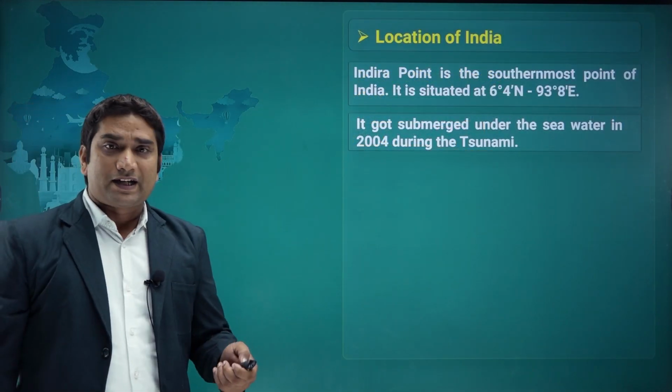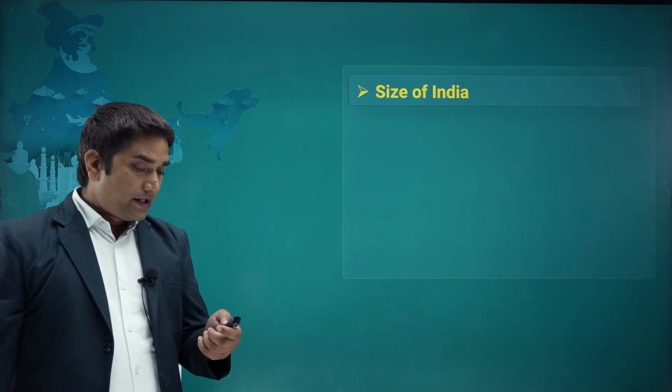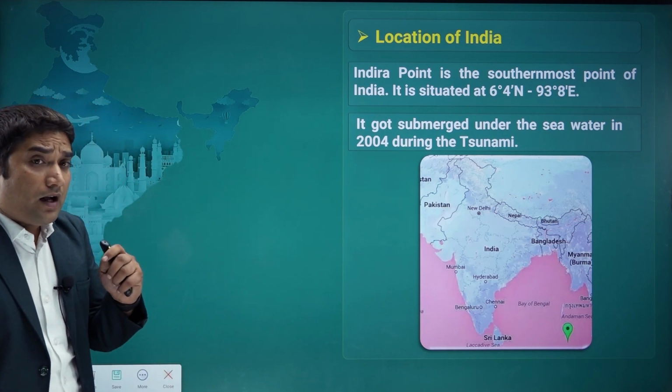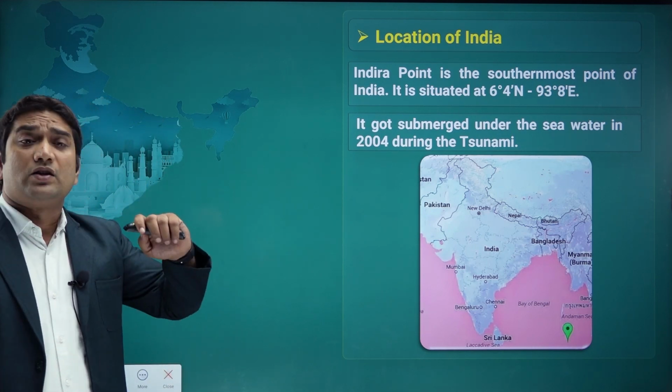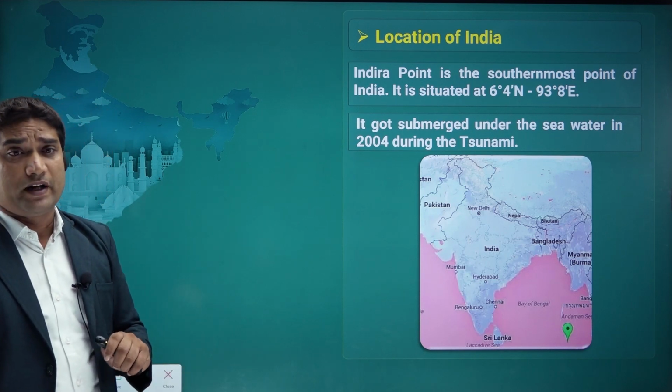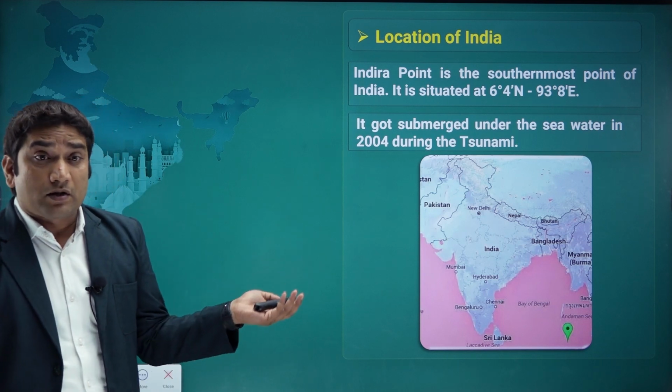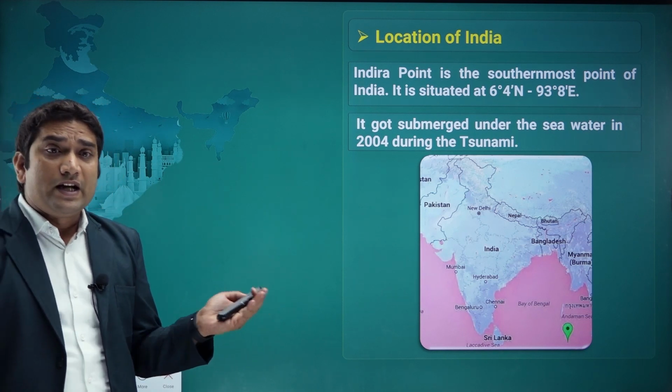The next point to discuss in this chapter is which is the southernmost point of India, the northernmost point, the westernmost point, and the easternmost point.